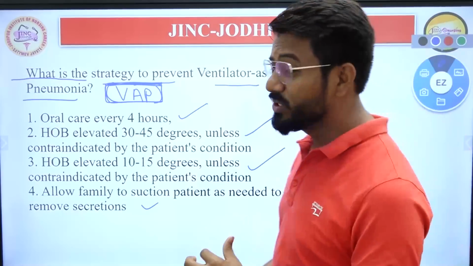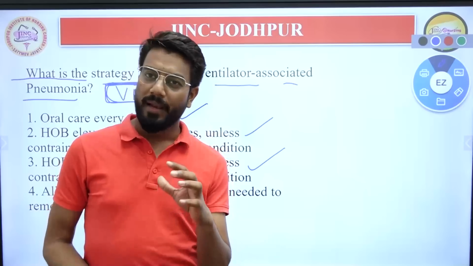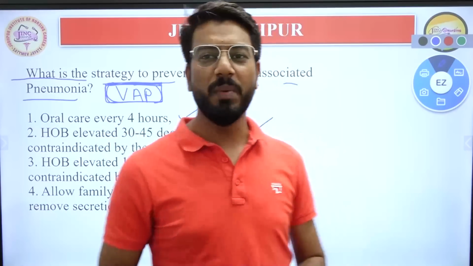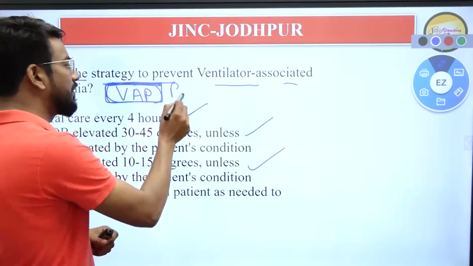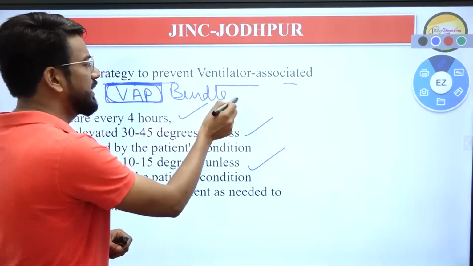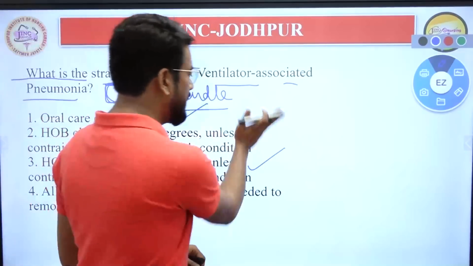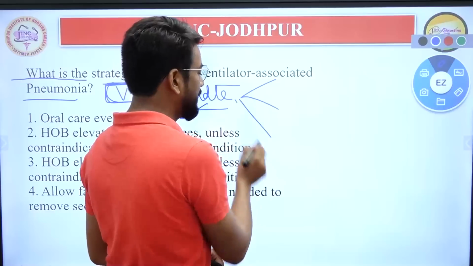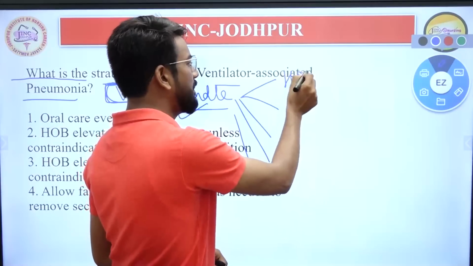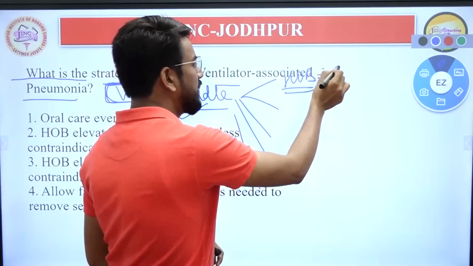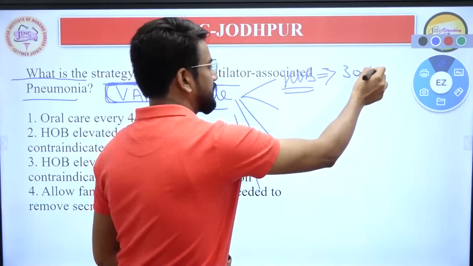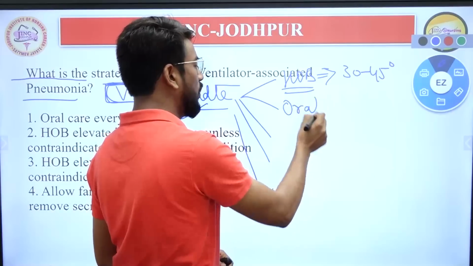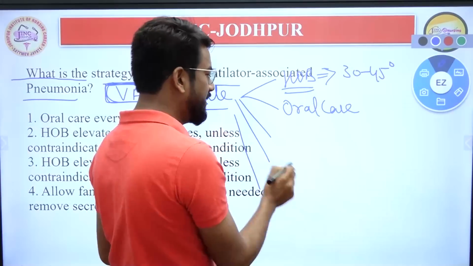सो हमें यहाँ पे कौन कौन सी स्ट्रेटजीज यूज करनी है। लाइक इन केस ऑफ वेंटिलेटर एसोसिएटेड न्यूमोनिया वी यूज अ बंडल दैट इज नोन एज द वेप बंडल, एंड दिस बंडल इज हैविंग 5 पॉइंट्स। The first one is head of the bed elevation, that should be 30 to 45 degree. The second thing is oral care with chlorhexidine.